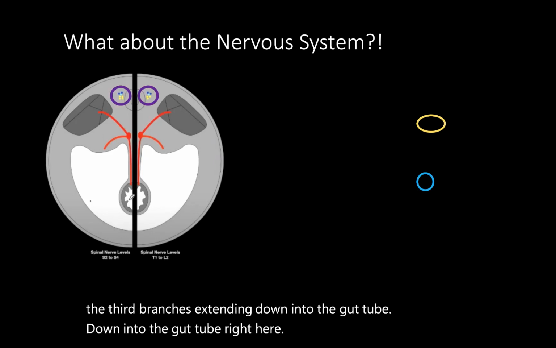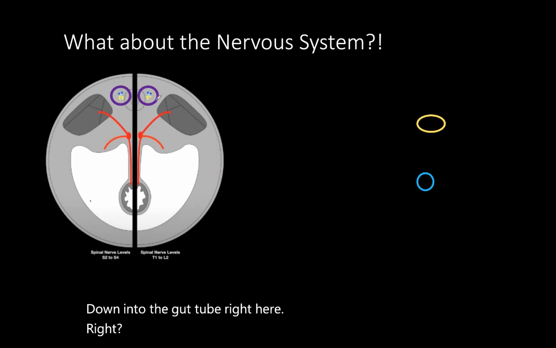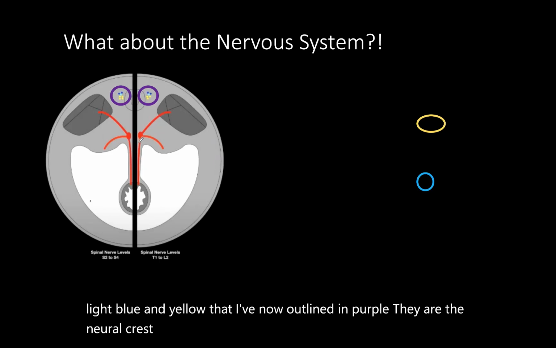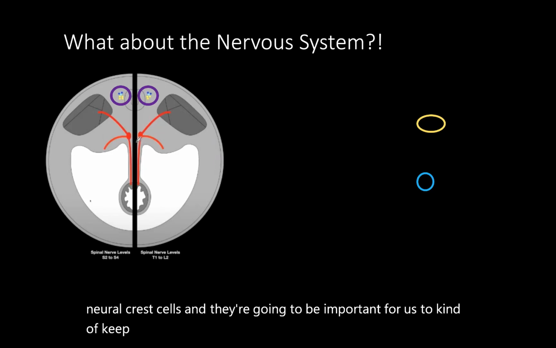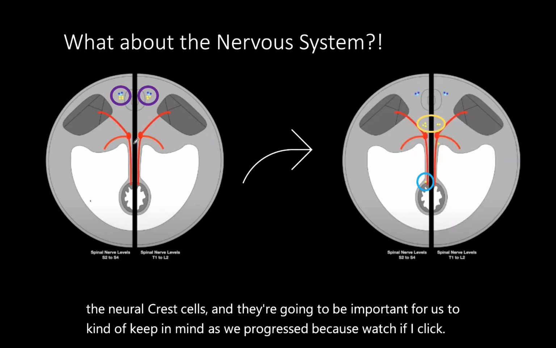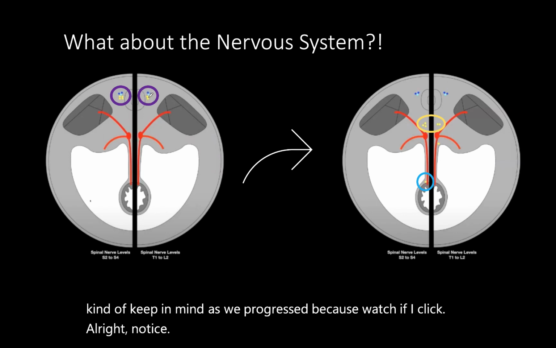Surrounding up here, these cells that you see that are light blue and yellow, which I've now outlined in purple, are the neural crest cells. They're going to be important for us to keep in mind as we progress, because watch, if I click, notice these yellow cells.